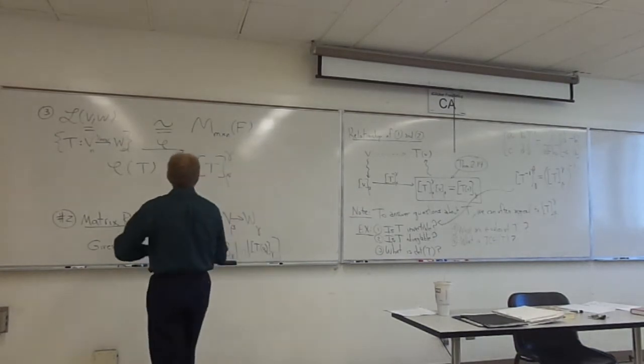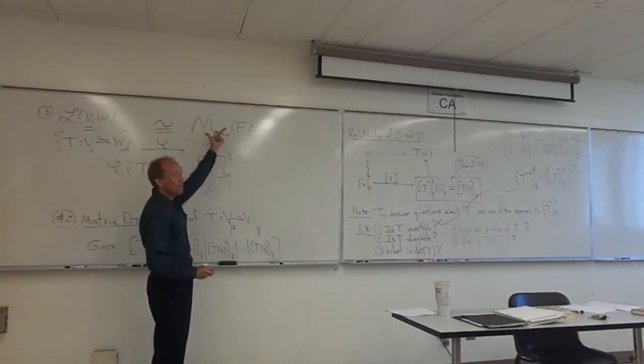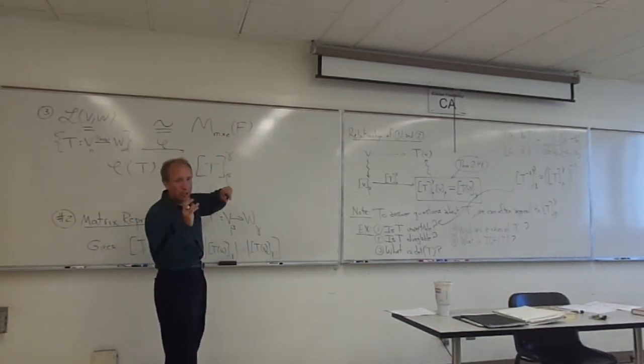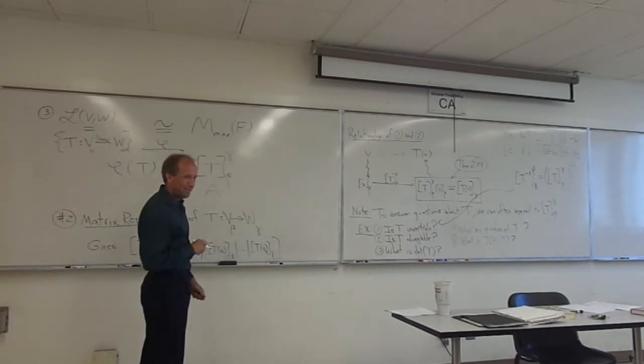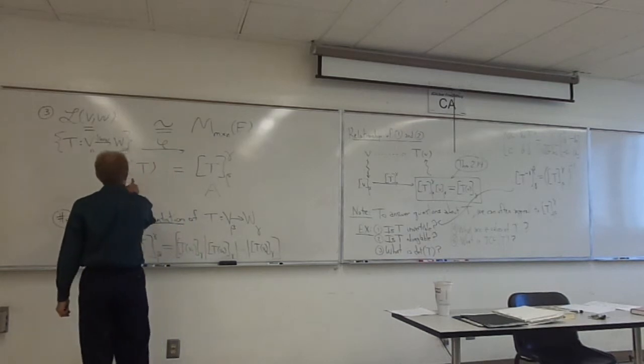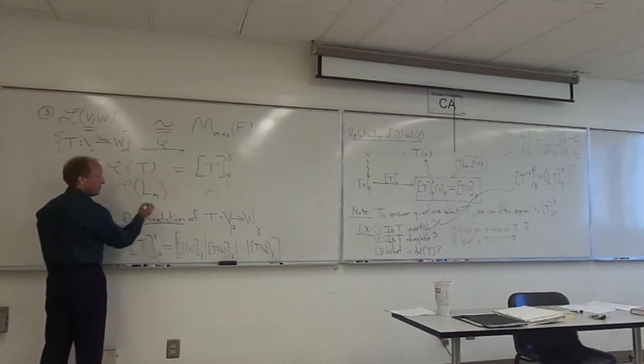For example, to see that it's onto, if I take a random matrix over here, how do you show something's onto? You pick something in the codomain, and you find a pre-image for it. Well, we happen to have a pre-image for this, which is L sub A, if you remember.